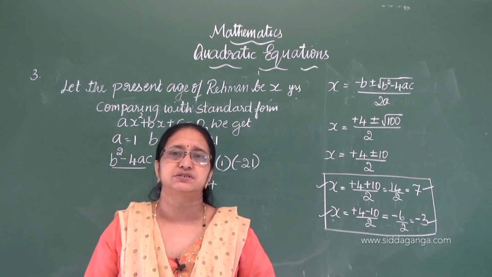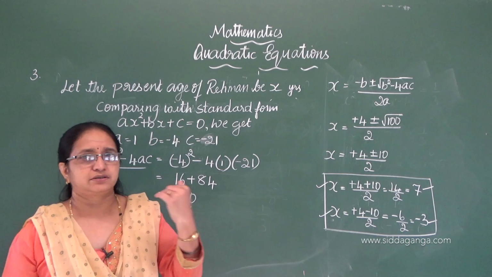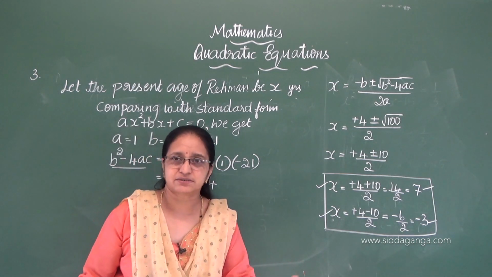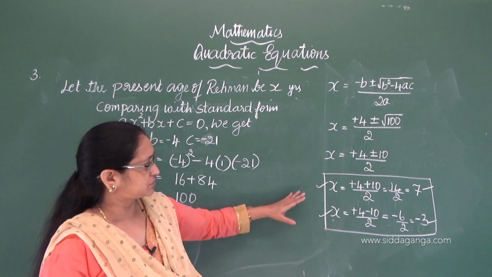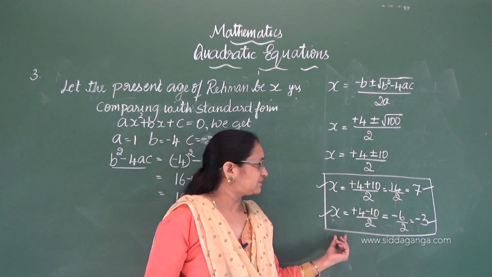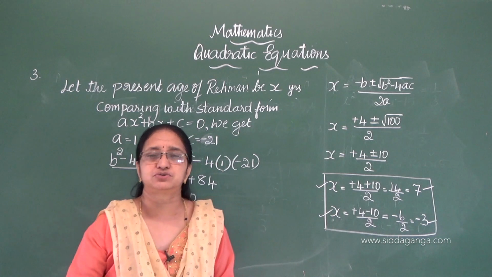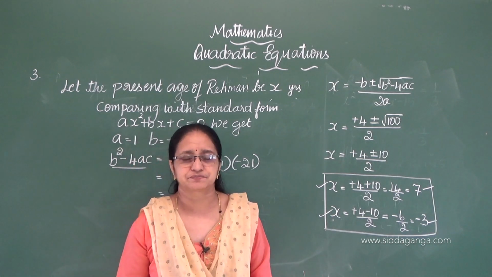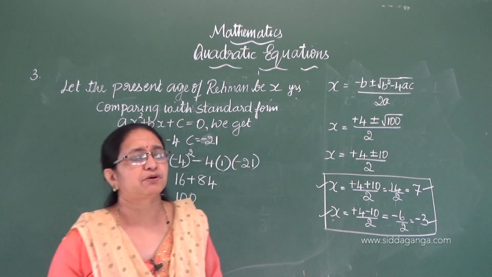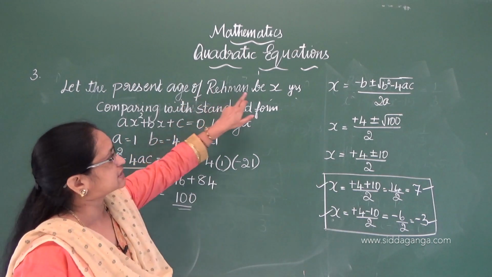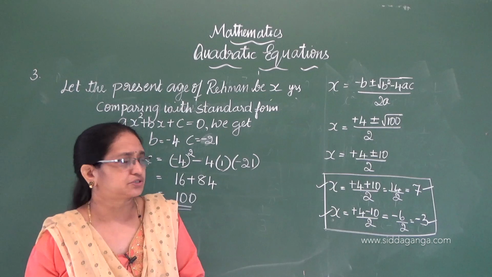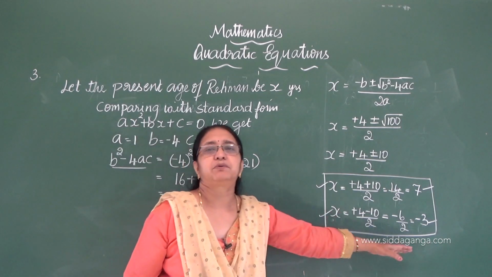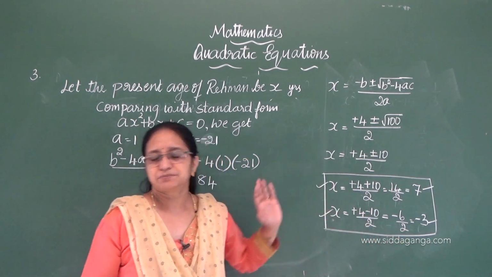Suppose if this was just a problem like in the third main we did, you could have written x is equal to 7 and x is equal to minus 3 are the roots of the quadratic equation. But since it is an application problem here, we have taken x as Rahman's age. Age cannot be negative. So you have to write that point here and then you can proceed.